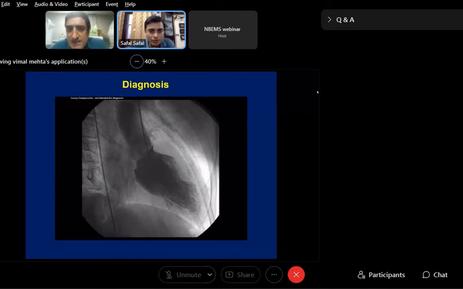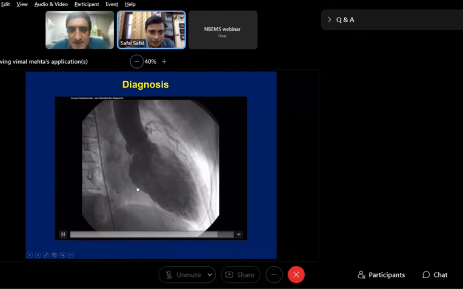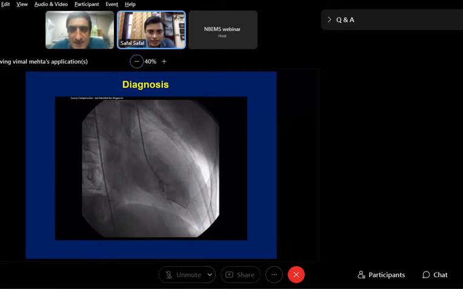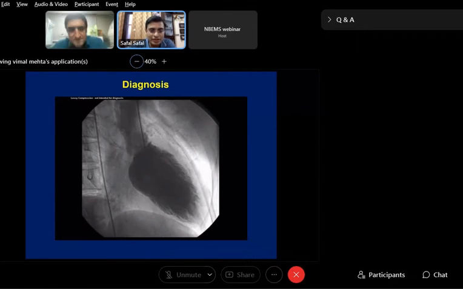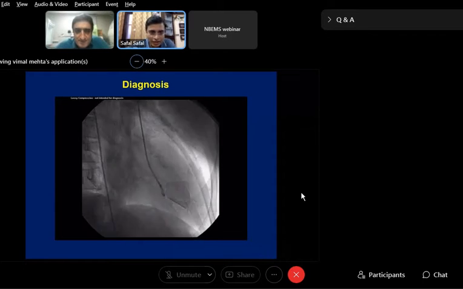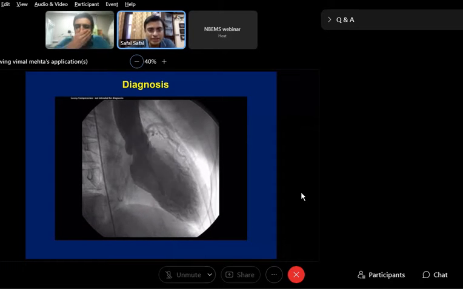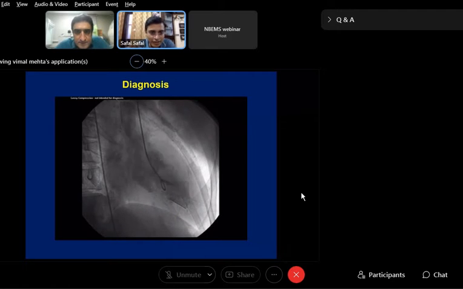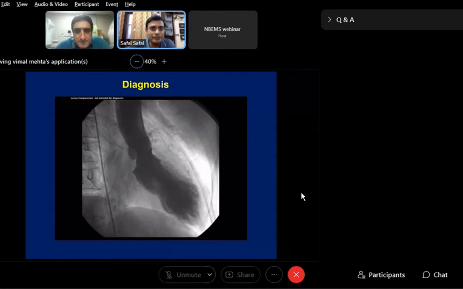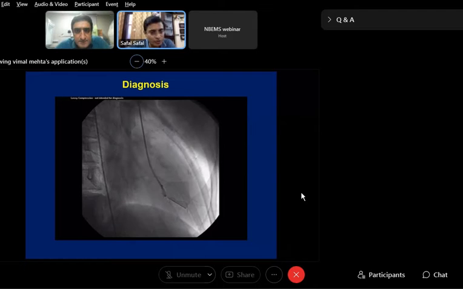Just the way you were shown iatrogenic MR with a catheter or a wire inside, you do not comment on aortic regurgitation. And many of you will be going ahead either doing or assisting in TAVIs. So please, when that heavy Safari wire is in and you see AR, don't get nervous.